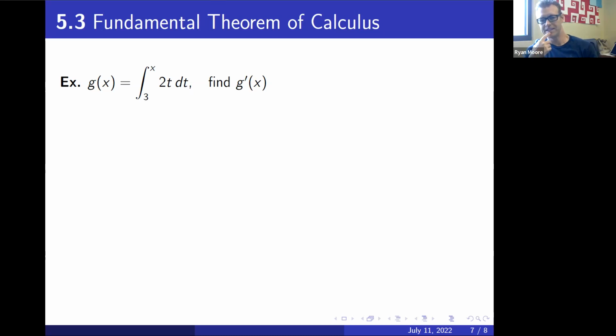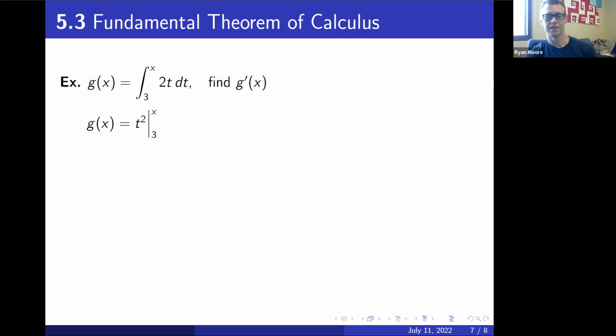So if g of x is the definite integral from 3 to x of 2t dt, what should we do to start? We should take the antiderivative of 2t. So we know that the antiderivative of 2t is t squared. And then we will evaluate that from 3 to x.